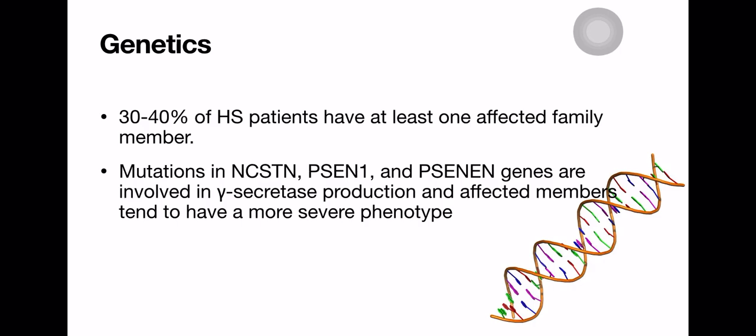Mutations in NCSTN, PSEN1, and PSENEN genes are involved in gamma secretase production, which is essential for normal immune system function and maturation of hair follicles. So in families with these mutations, HS follows an autosomal dominant inheritance pattern with incomplete penetrance, and affected members tend to have a more severe phenotype.